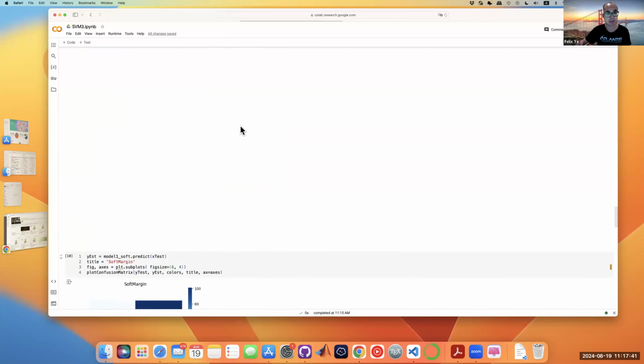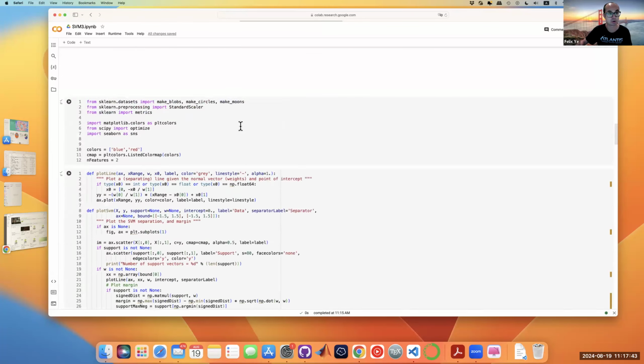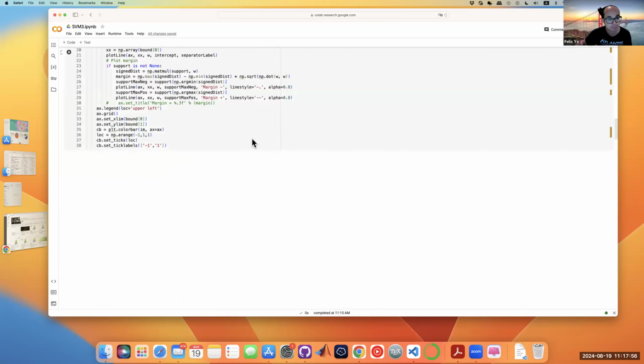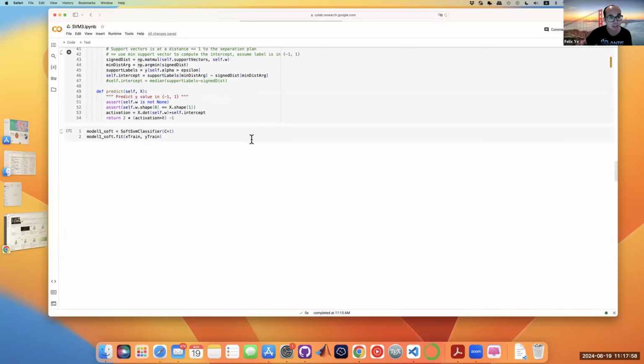Basically we're trying to formulate these two formulations right here. So you have a yi and a yj, but this is just replaced by k of xi and k of xj.